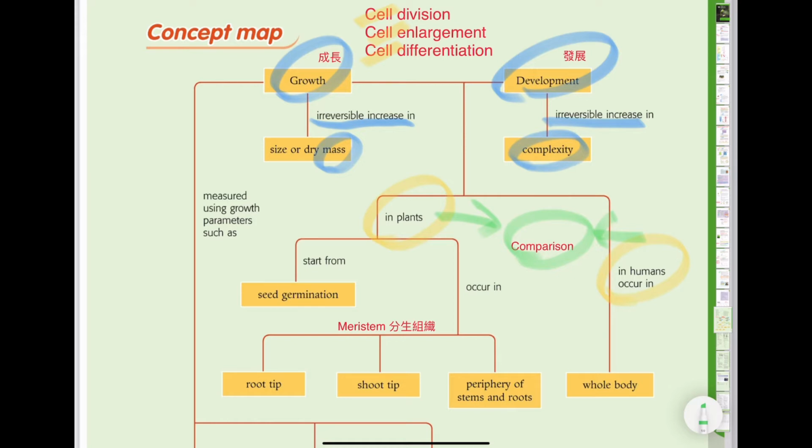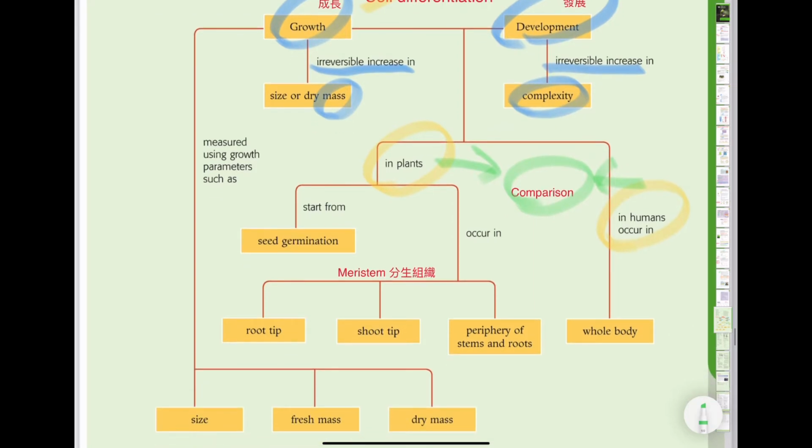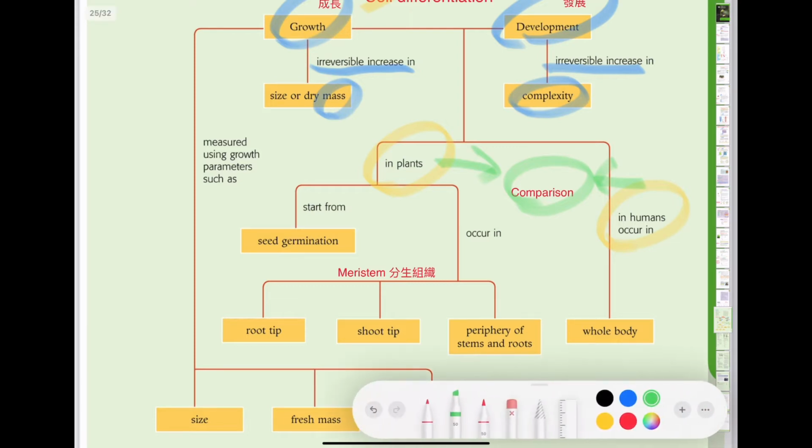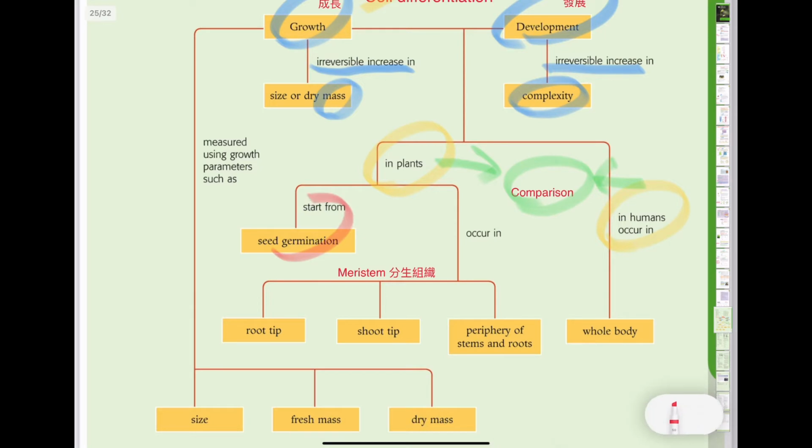For this topic, the main focus is the plant, because we talk a lot about seed germination, becoming seedlings. How can the seedling grow up to be a big tree? So we start from the seed germination.